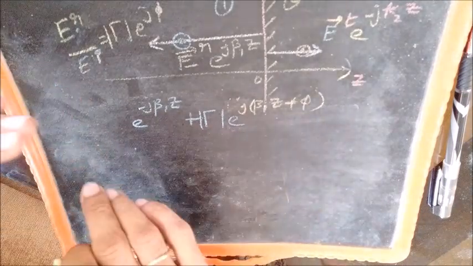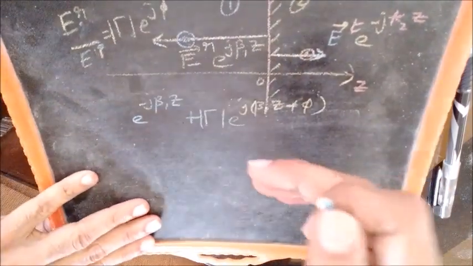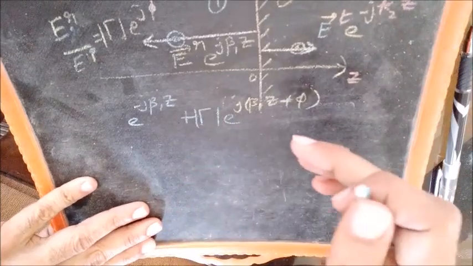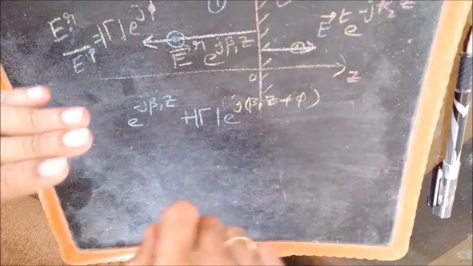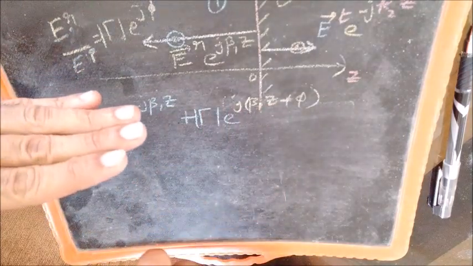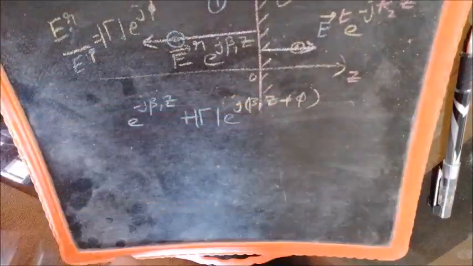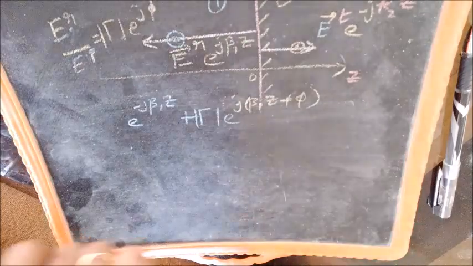So basically, you are going to have a wave which is propagating in the plus z direction and a reflected wave which is weaker in its strength. So the effect of these two will be that there will be a net flow of electromagnetic energy in the forward direction, because the plus z direction propagating field is stronger.